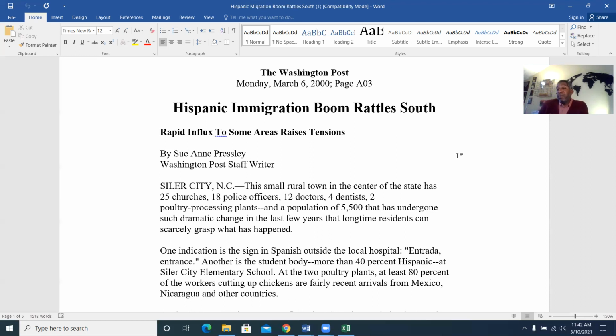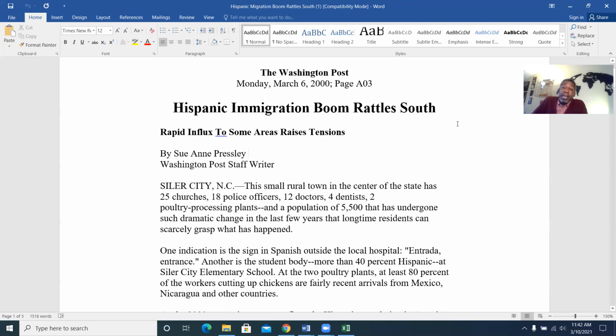We didn't have this third population with a different language being spoken in large numbers until very recently. And so in terms of providing education, we weren't prepared. In terms of employment, we weren't prepared. I mean, the South just was not prepared, and still, for the most part, is not prepared for this influx.